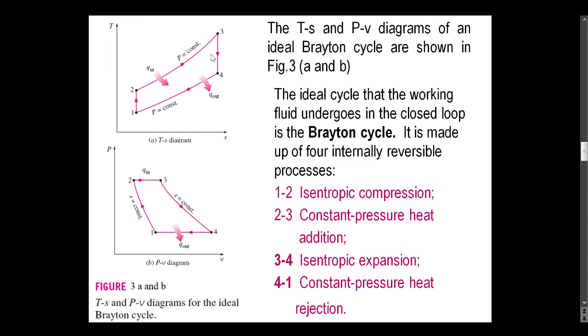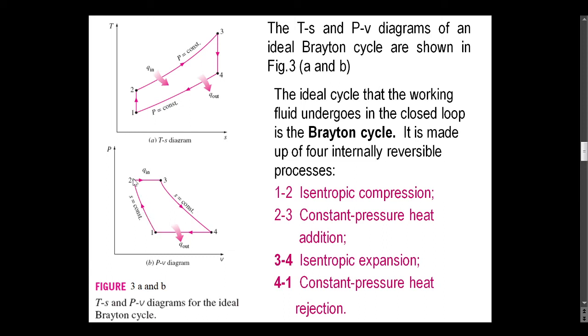Then 2 to 3 is the constant pressure heat addition process. Then 3 to 4 is the isentropic expansion. The 1 to 2 process is represented here on the PV plane, where S is constant, an isentropic process, and entropy remains the same. The same process is on the TS plane, wherein temperature is on the y-axis and entropy is on the x-axis.